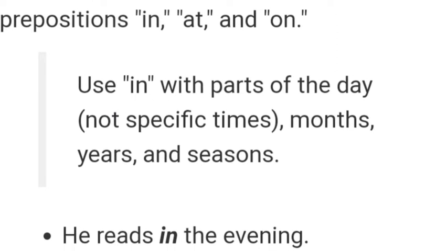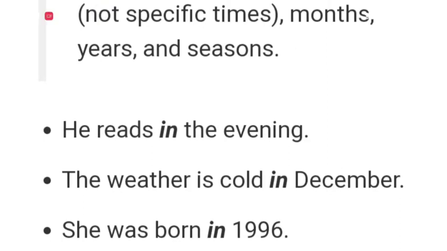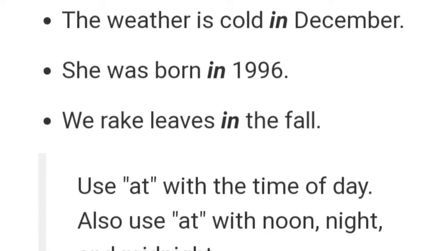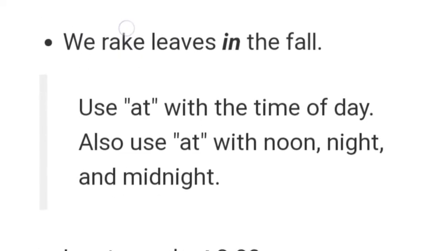This was covered in the previous video also: when the big things are there, we use in, like months, years, seasons. He reads in the evening. The weather is cold in December. She was born in 1996.